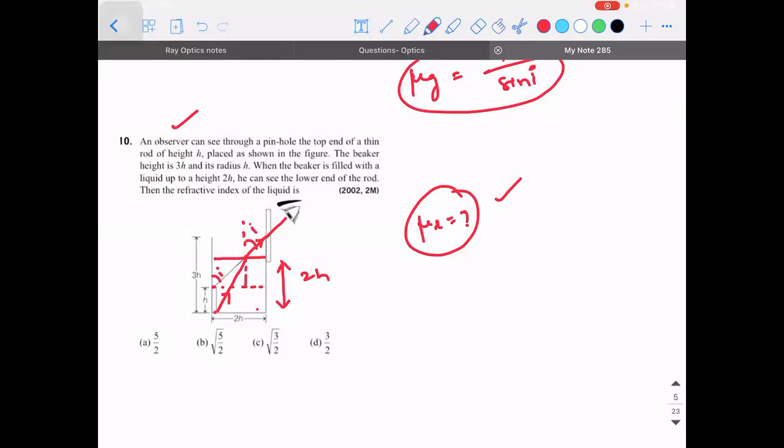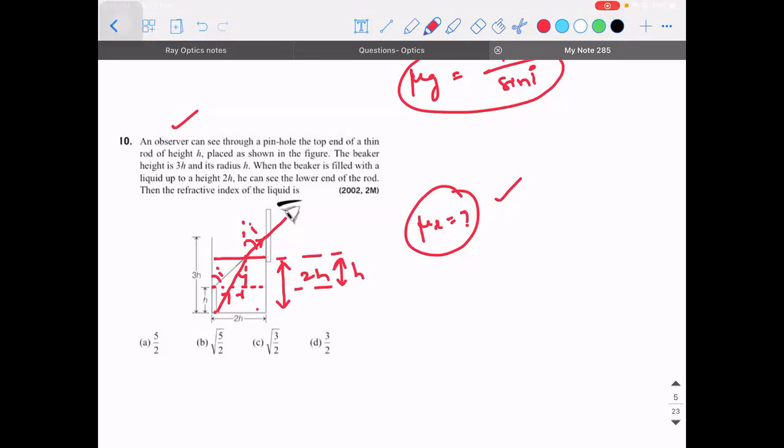Similarly, if I take this angle as R, what can I apply? If this height is 2h, then this height is how much? It is h.